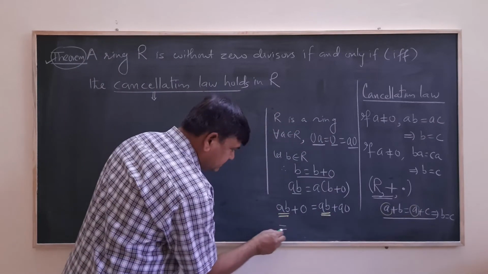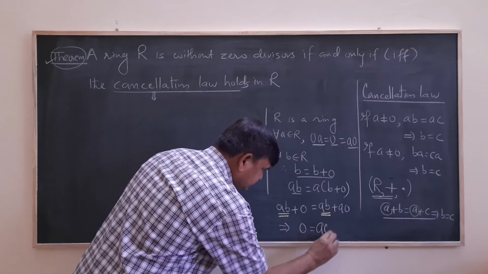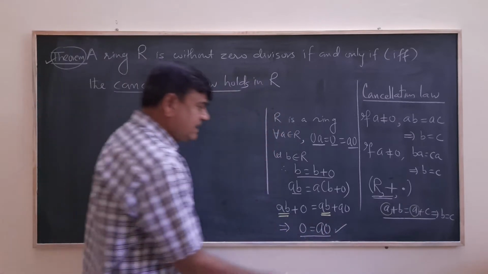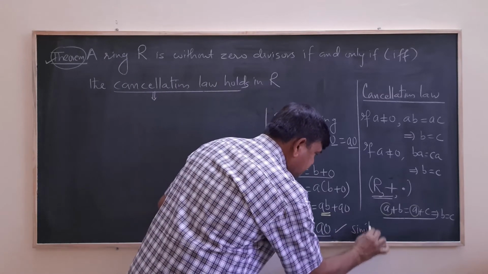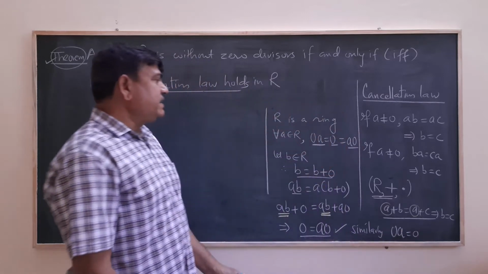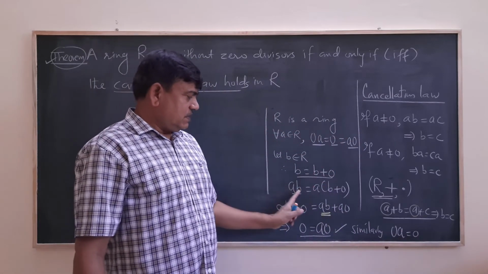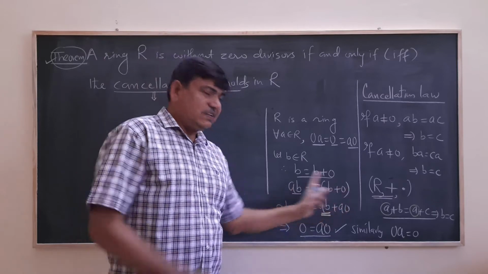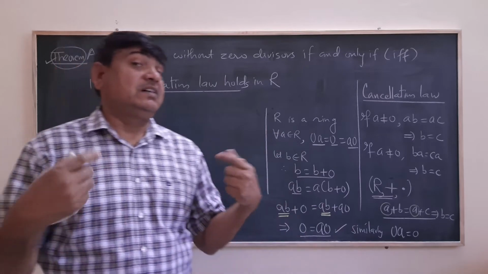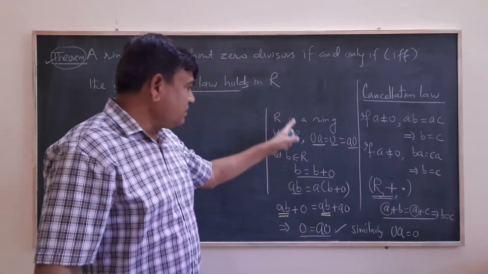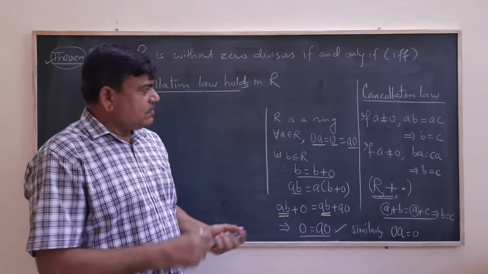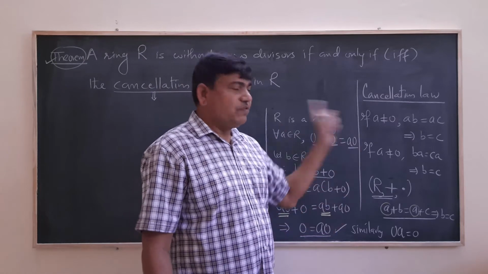This implies, similarly, you can prove by writing A this side, right side, then you solve it. Sometimes this property is asked in the examination. Prove that this is so. Okay, so we will use this property proving this particular theorem.